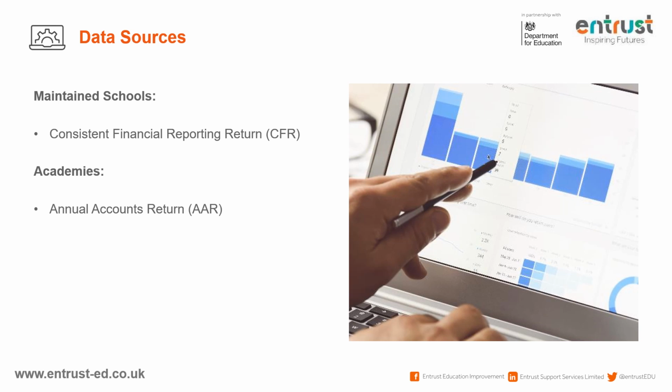The latest information published for maintained schools is 2021 to 2022. For academy schools, the information comes from the annual accounts return, which is completed in January. For academies, the latest information published is 2020 to 2021. We anticipate that the 2021 to 2022 data will be released during the spring term.